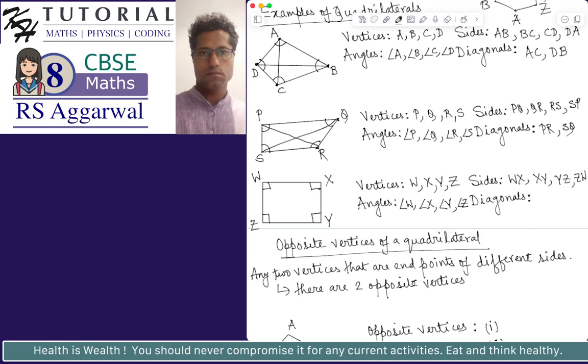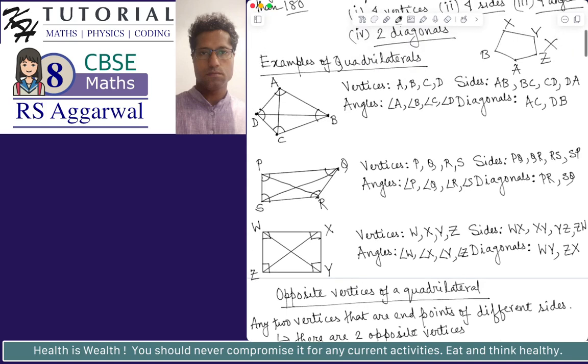One diagonal connects the two opposite vertices W and Y, so WY, and the other diagonal connects the two other opposite vertices Z and X, so ZX. So this is an overall view of the structure of a quadrilateral: four sides, four interior angles, and two diagonals.